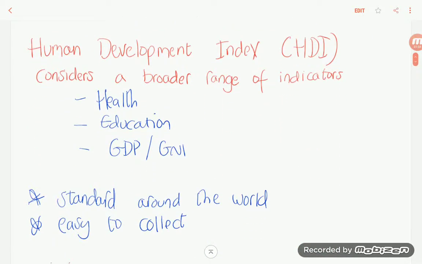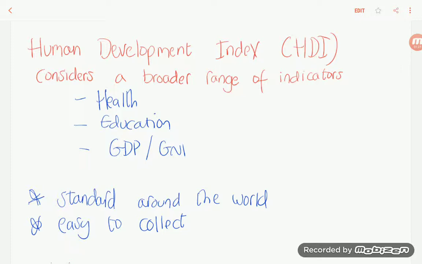The Human Development Index considers a broader range of indicators. The Human Development Index, otherwise known as HDI, was developed by the United Nations to measure and rank countries' level of social and economic development. The HDI includes social indicators to give a fuller picture of the quality of life in a country.